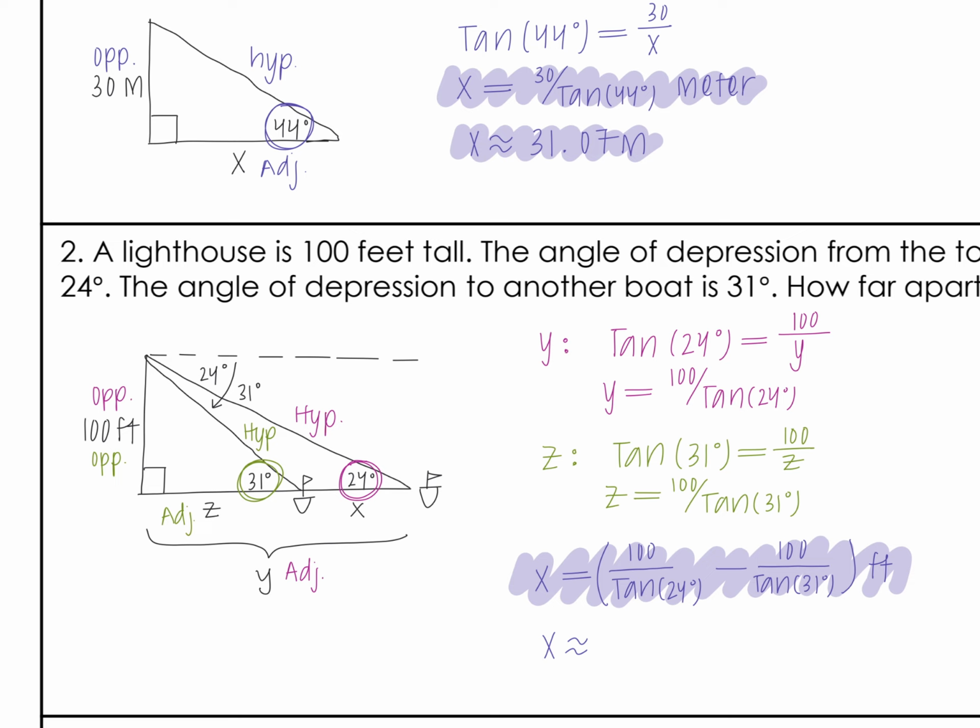And so we're going to get 58.18 feet. But if you don't, you run the risk of having a rounding error, because if you round the first and the second separately and then subtract them, it might not come out to be the exact answer that we're looking for in your homework. So just input the entire thing into the calculator at once.